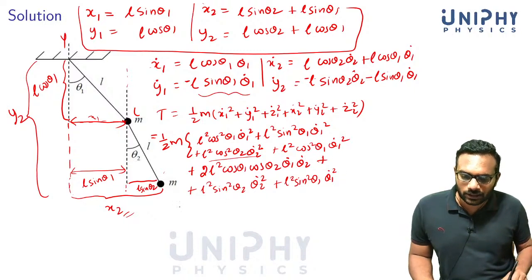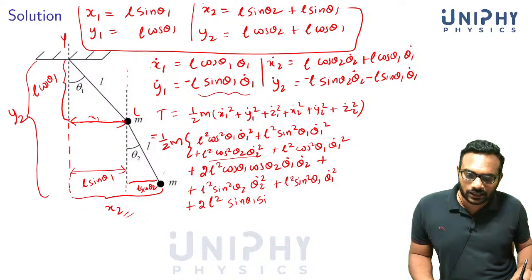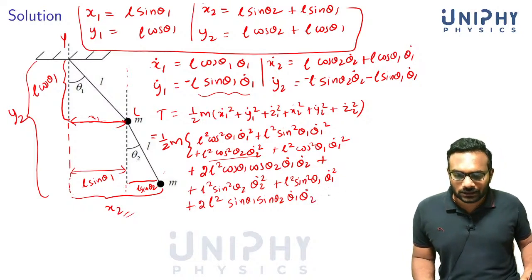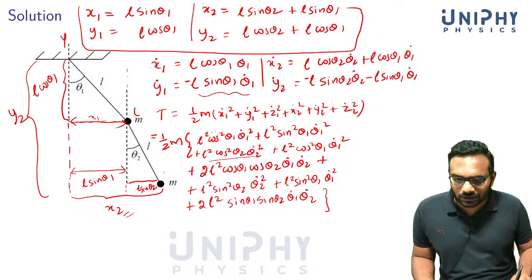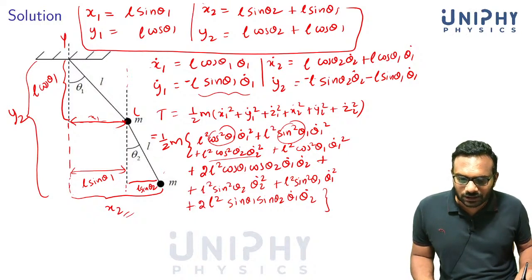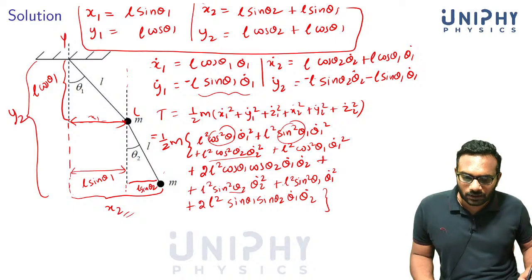And here also you will have a plus 2L square sin theta 1 sin theta 2 theta 1 dot theta 2 dot, okay. So you just add these things. You notice that cos square theta 1 plus sin square theta 1 is 1, so you get an L square theta 1 dot square from here, okay. Here there's a cos square theta 2, here there's a sin square theta 2, that gives you L square theta 2 dot square, okay. And here you also get an L square theta 1 dot square, all right.